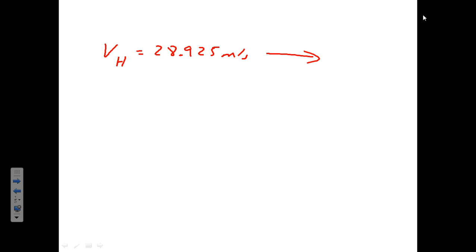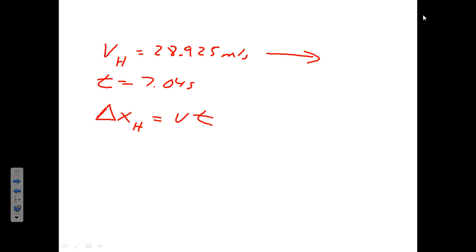And how long did it go? 7.04 seconds. So we're just looking for a displacement. The range is the horizontal displacement. So we're going to say delta x sub h, horizontal displacement, equals VT. Because what do we know about that 28.925?